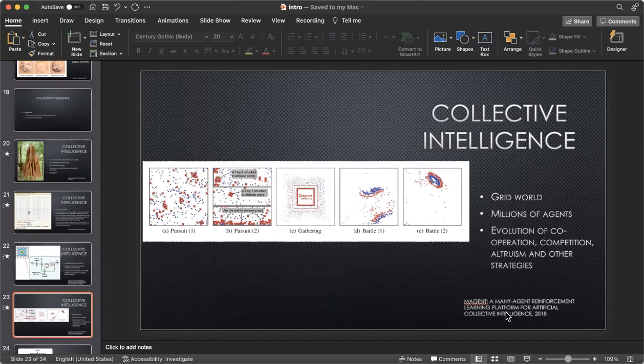What's very interesting is that as you let the system evolve on this grid world, these agents will develop complex characteristics like cooperation, competition, altruism, and other strategies. Naturally, none of these strategies were programmed into the system. They emerged naturally from local rules.